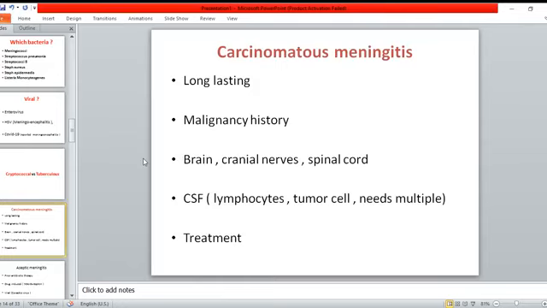So you see a bizarre picture involving the brain, cranial nerves and spinal cord in the context of meningitis. With a history of cancer, this means the scenario is carcinomatous meningitis. You may find tumor cells in the CSF, and the treatment of these patients is intrathecal chemotherapy.